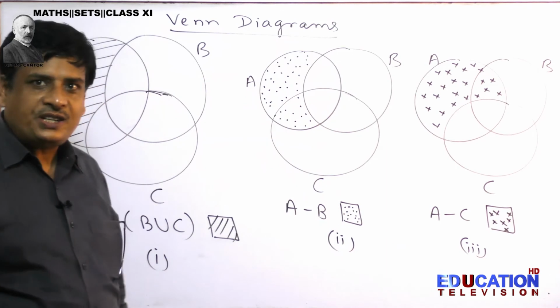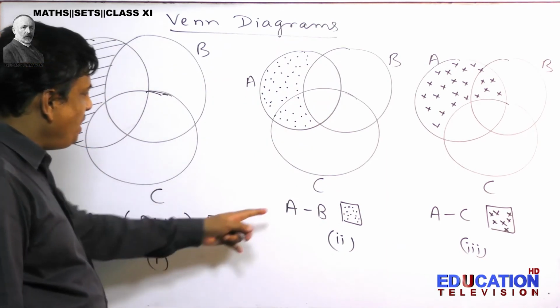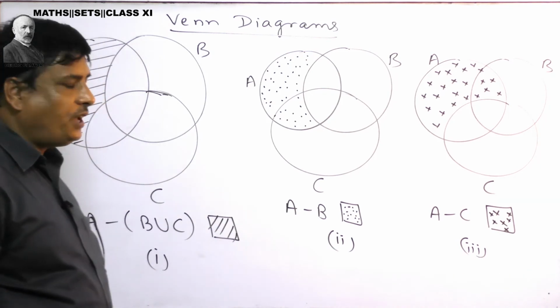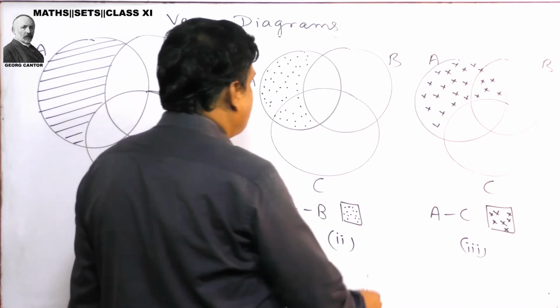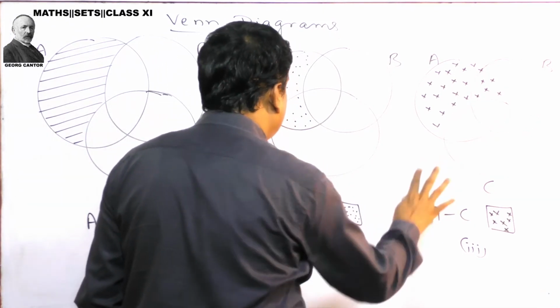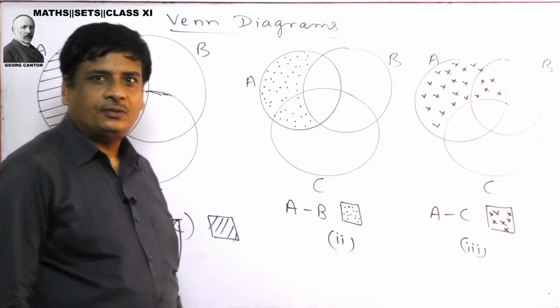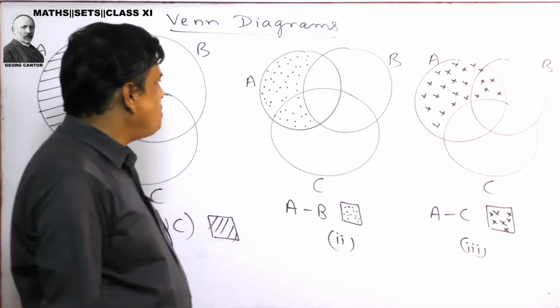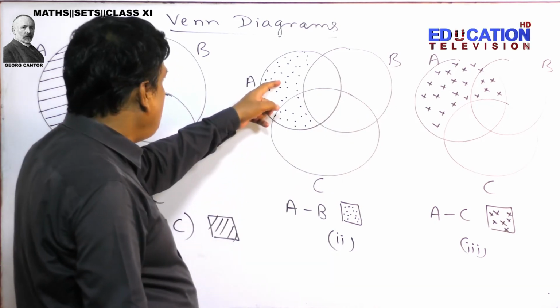From these three figures, first is A minus (B union C), second A minus B, third A minus C. If we take the intersection of the second and third, what is the common part of these both? Dot and cross. So common part will remain this.